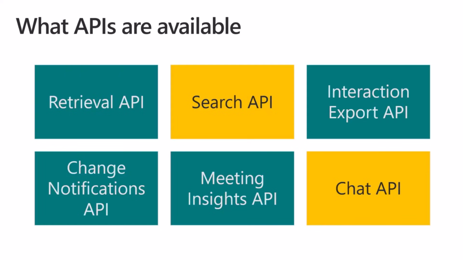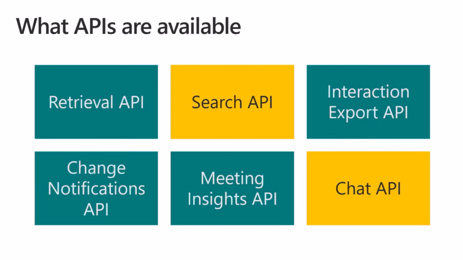The chat API allows you to create your own chat-based solution, which in the backend relies on the actual engine, so the orchestrator and the foundational model and all the knowledge base and capability of Microsoft 365 Copilot, but you can do that from whatever technology and whatever application you like.